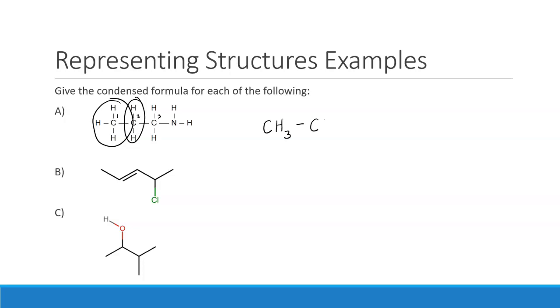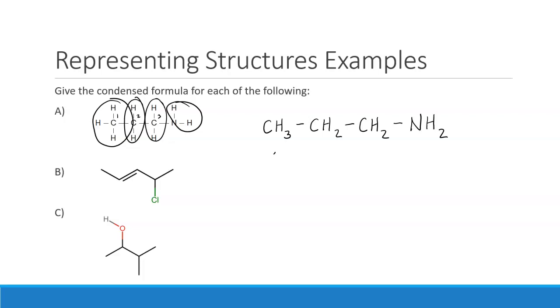Okay, the second carbon has 2 hydrogens. And so therefore we're going to label that as CH2. The third carbon has 2 hydrogens. And so that is CH2 as well. And then the fourth one is a nitrogen with 2 hydrogens attached to it, which becomes NH2.